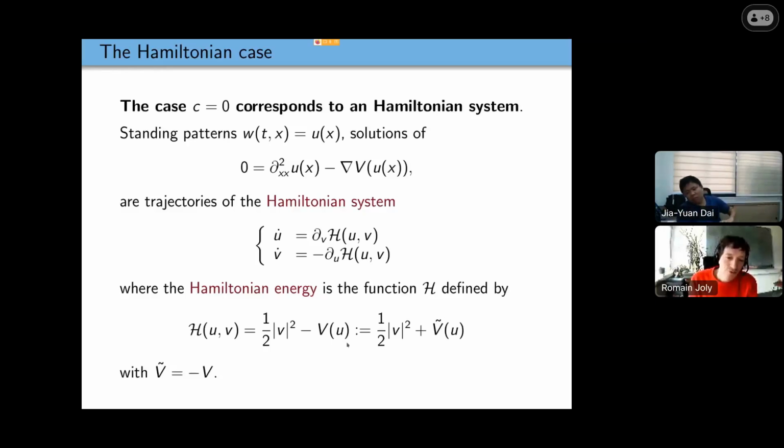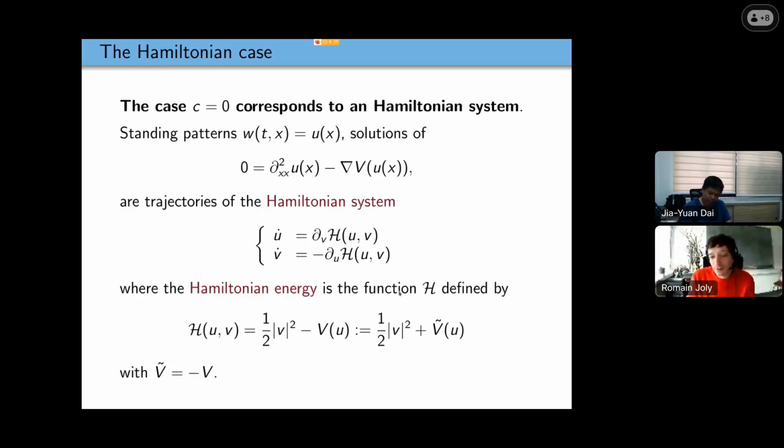So you're ready to get the insight of mechanics. Since there is a minus V, it's better to consider V tilde, which is just the opposite of V, so that you really get kinetic energy plus potential energy, where the potential from the mechanical point of view is this V tilde.